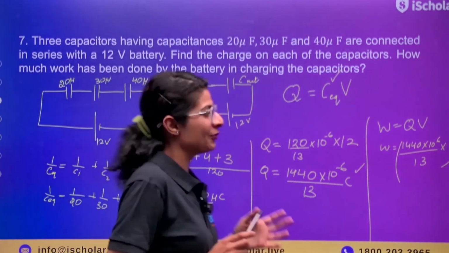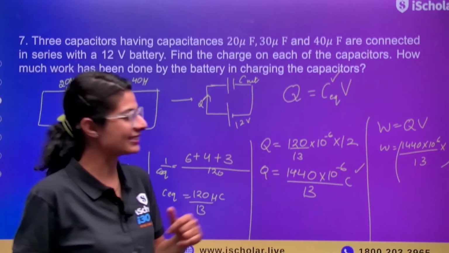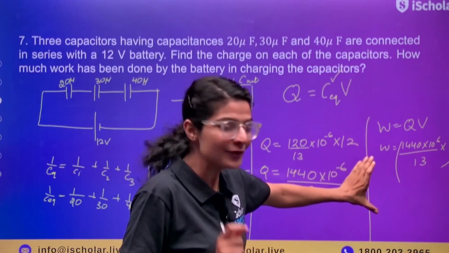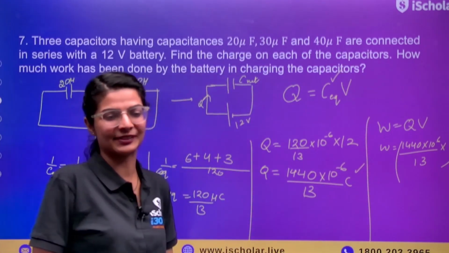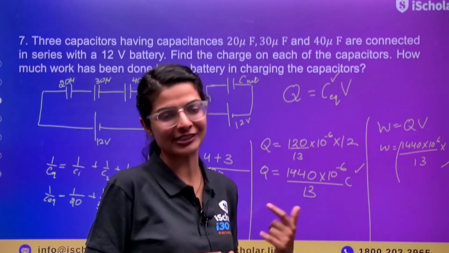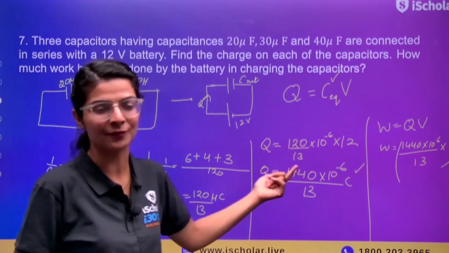So now your task is, I have done the calculation, you just need to calculate and get the final answer. And everyone will write it in the chat box, the answer for this work done, what will be the value.